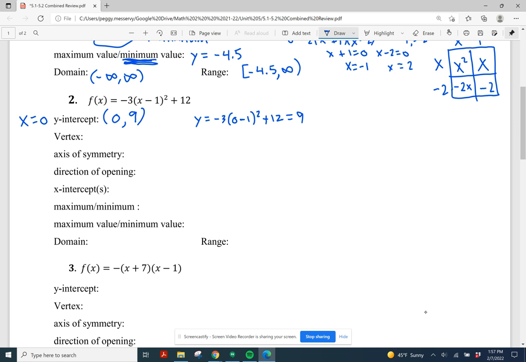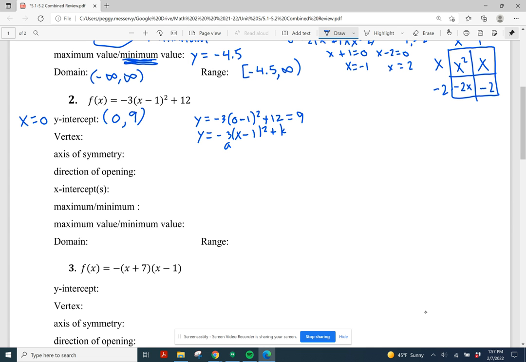The vertex should be easy because this is in vertex form. It's y equals a times x minus h squared plus k. So the a is here, h is 1, and k is 12.